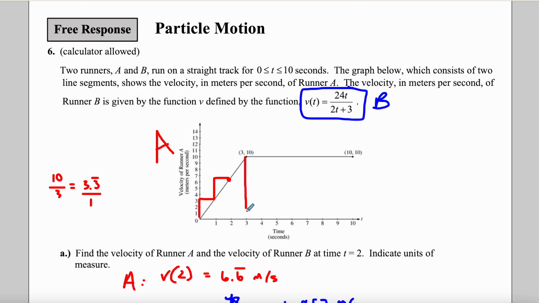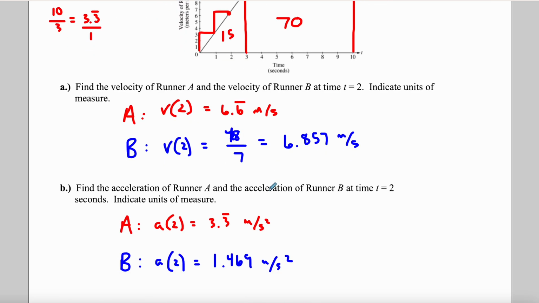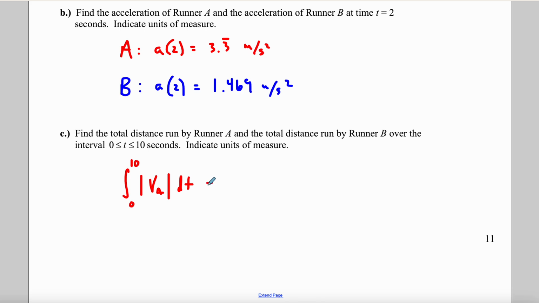So right away we got a right triangle here that's 3 by 10. 3 by 10 divided by 2 is 15. Then I have a rectangle that's 7 by 10, that's 70. So if I add these two numbers together, this total distance covered is 85, and that would be in meters.